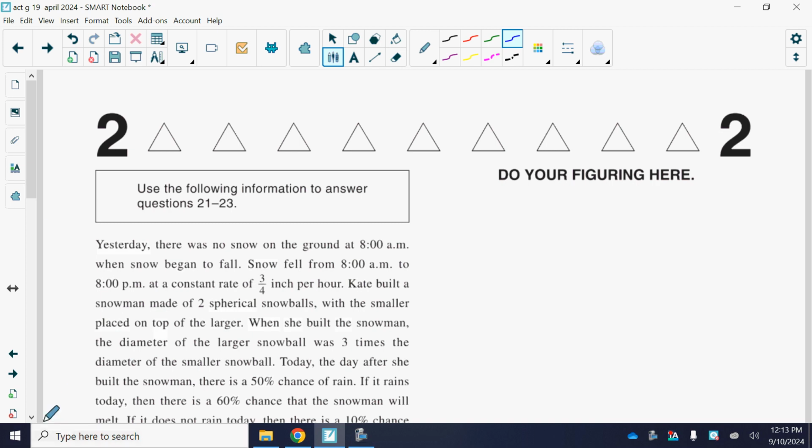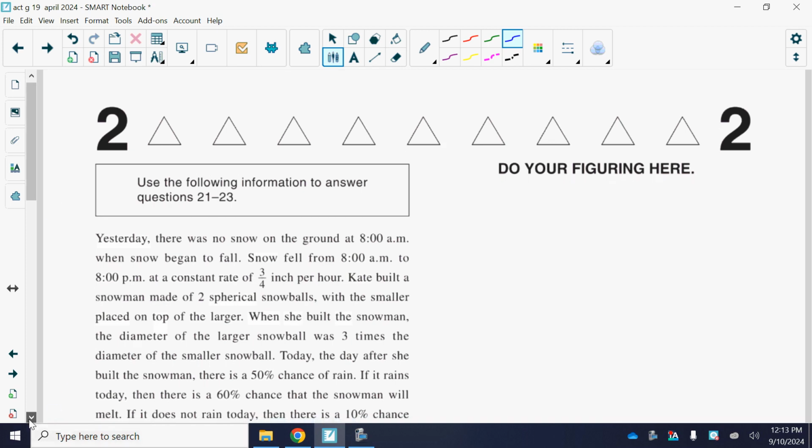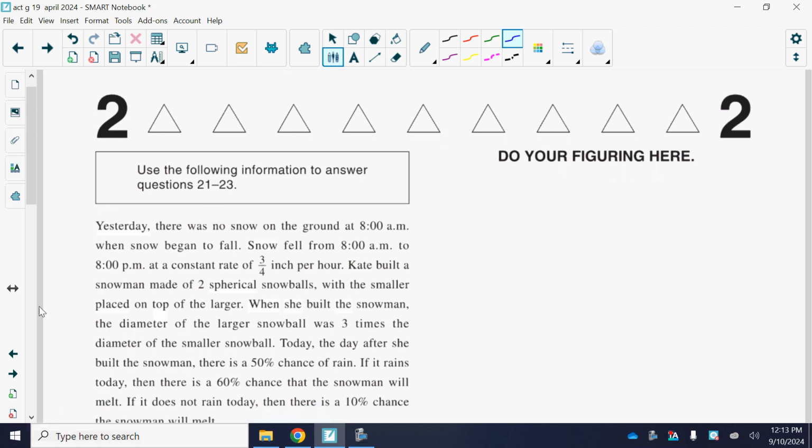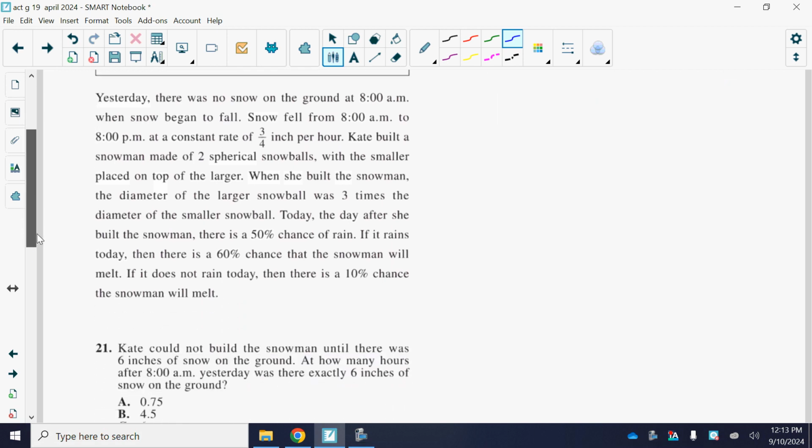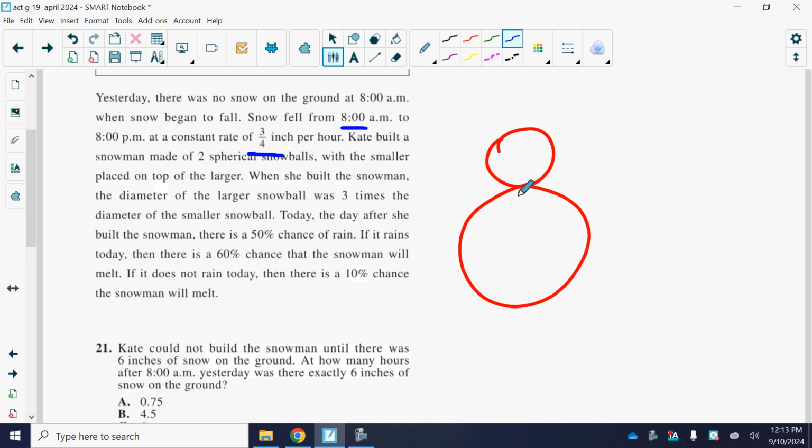This is the snowman question, and it has 3 very different pieces of information. They're talking about the rate of the snowfall, 3/4 inch per hour, starting at 8 a.m. They're talking about building a snowman, so there's a small ball and a big ball. And the larger snowball is 3 times the diameter of the smaller one.